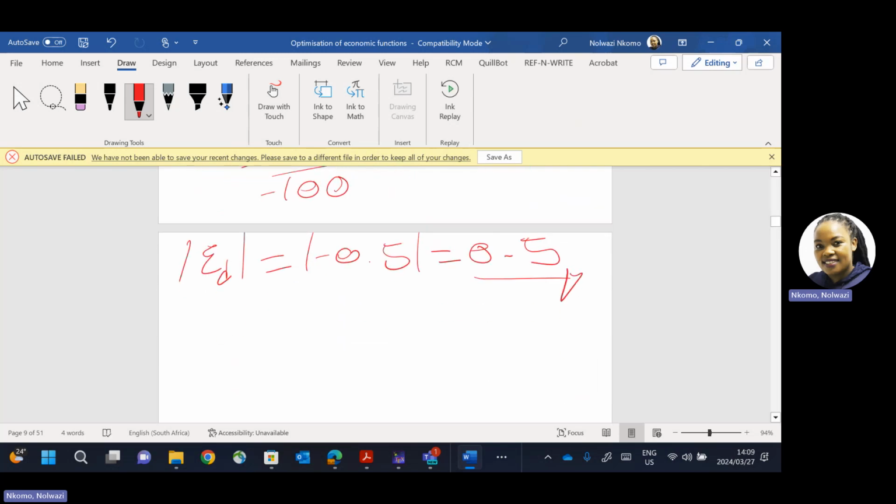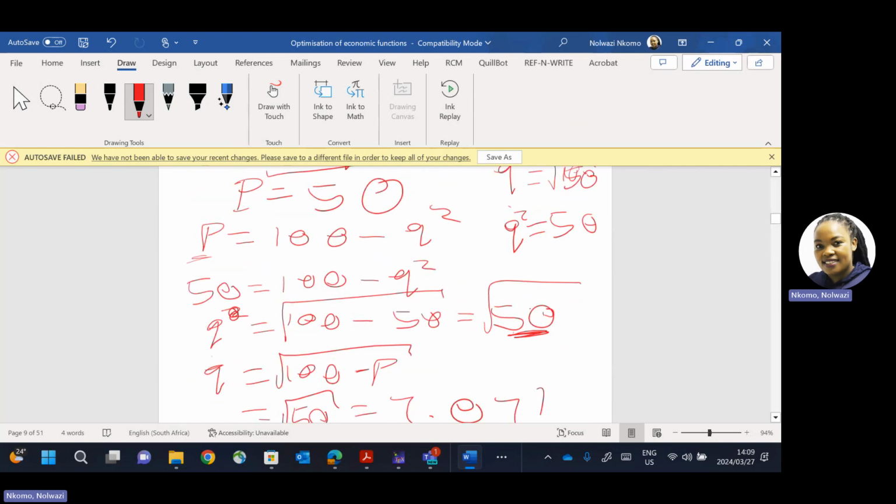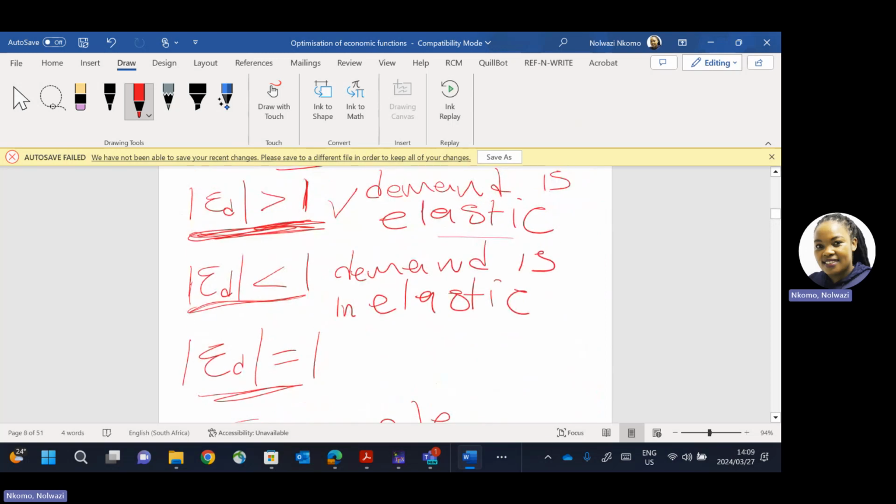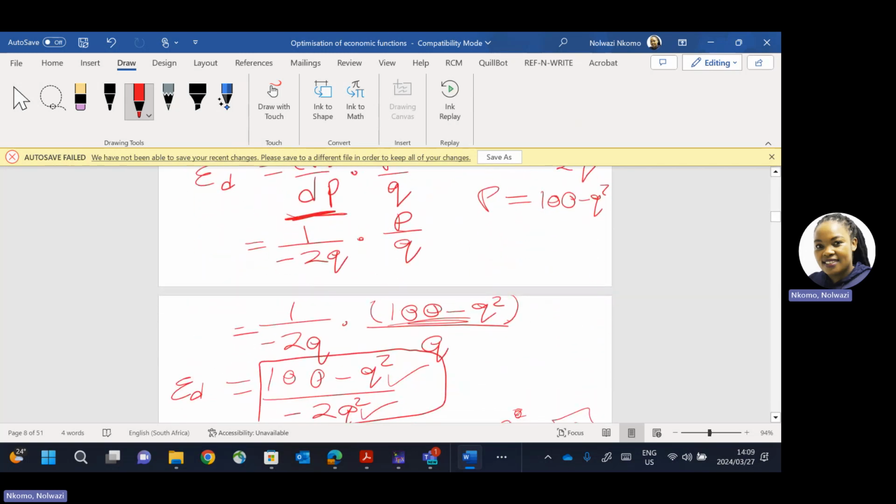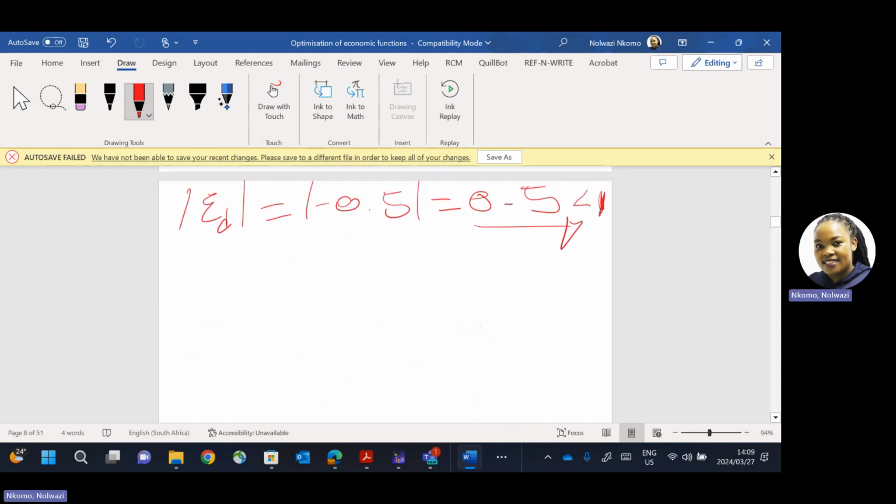Since 0.5 is less than 1, then you go back to your conditions and check if this is elastic or inelastic. Remember, I said if the absolute value of the point elasticity is less than 1, then you say the demand is inelastic. So this simply means if we are given this data and this is what we obtained, the absolute value of the elasticity of demand is 0.5.